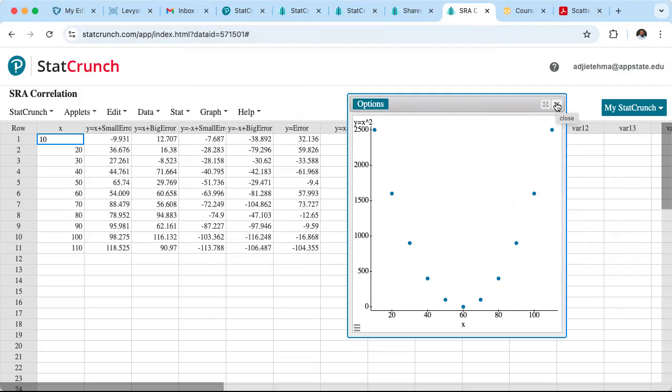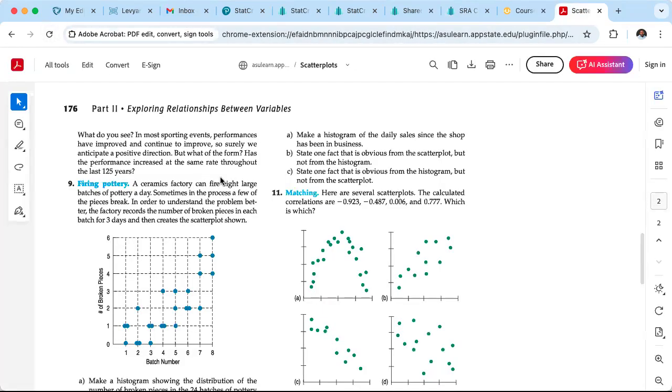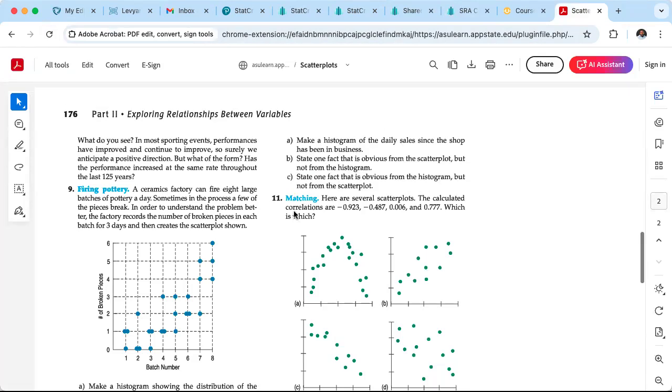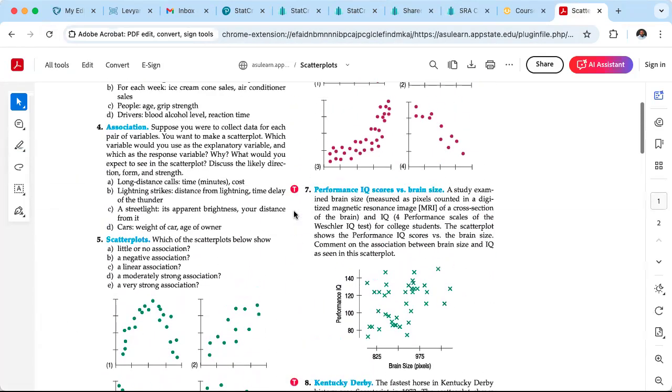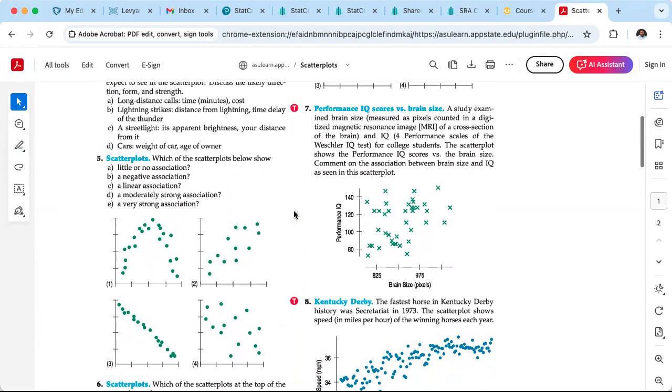So now that you have this idea, we want to practice it on an example in the book. Is that okay? So go to As You Learn. There is a PDF there that I call Scatter. It looks like this. Do you all have this one here?